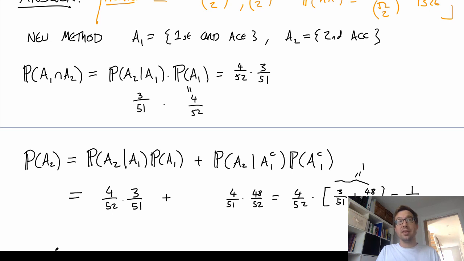If you thought about it, you might well have thought about this question a little bit before I started to answer it, and it would make sense that the second card that I show you has a 1 in 13 chance of being an ace, because think of it the following way. If I'd taken a card and placed it face down on the table, or put it back at the bottom of the deck, I've still got an unshuffled deck of cards here, and then I'm just showing you a card.